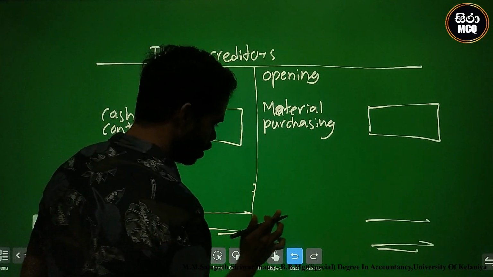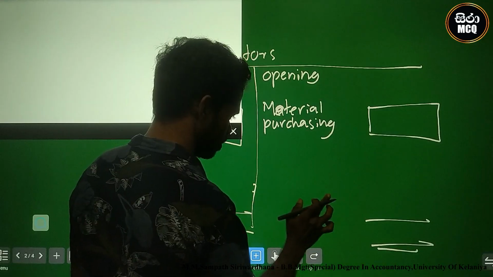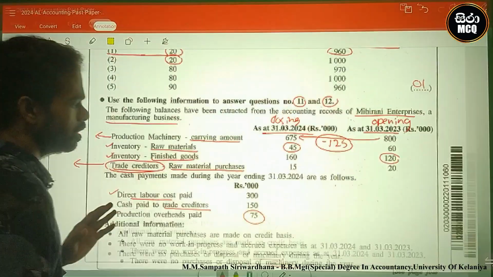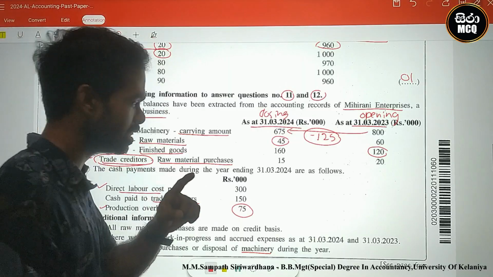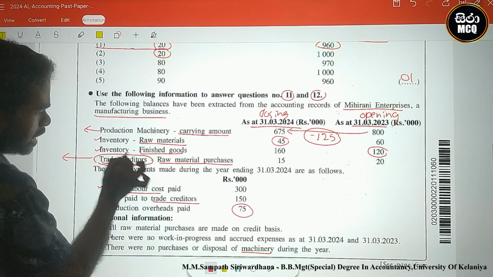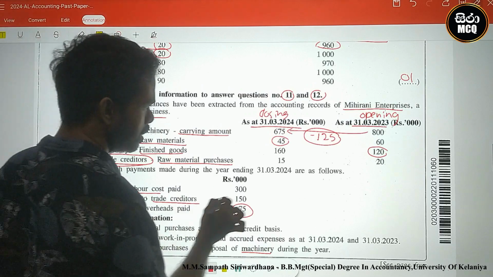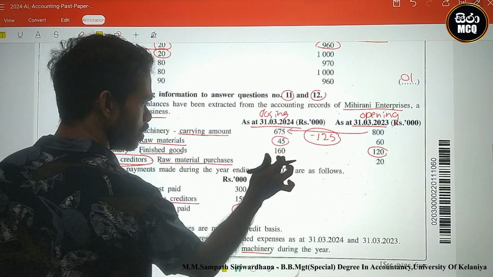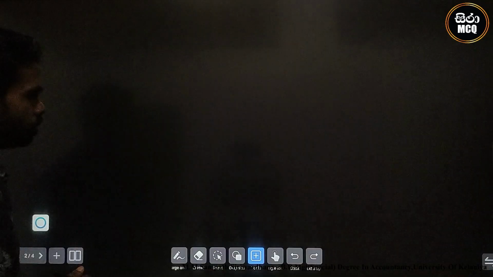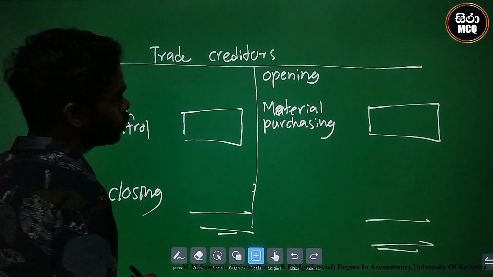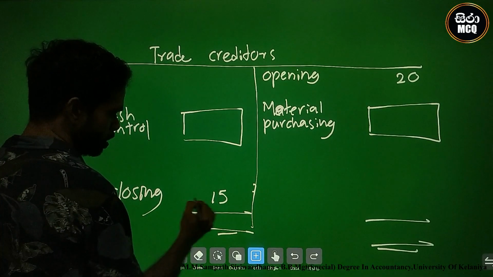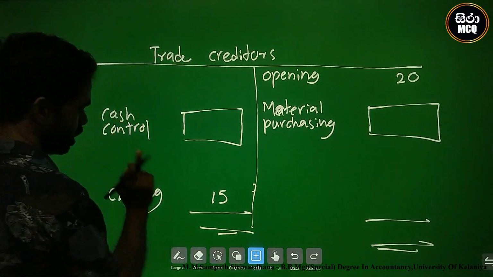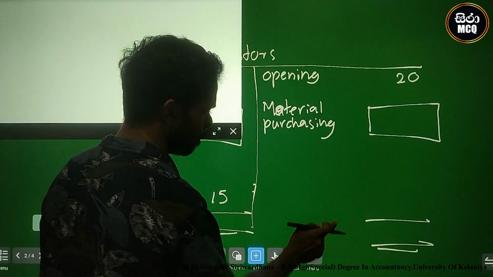This is the guideline to find the trade creditors and the raw material purchasing. Look here. Trade creditors, raw materials purchasing. Opening is 20, 15 is closing balance, and there is a cash payment.